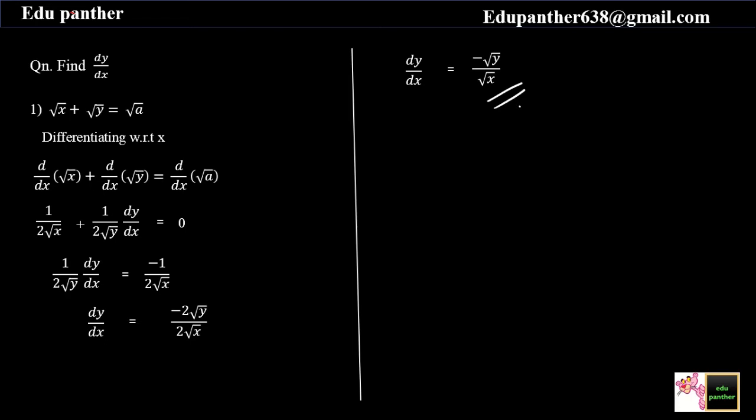So the process for differentiation of an implicit function: first step is differentiating both sides with respect to x.